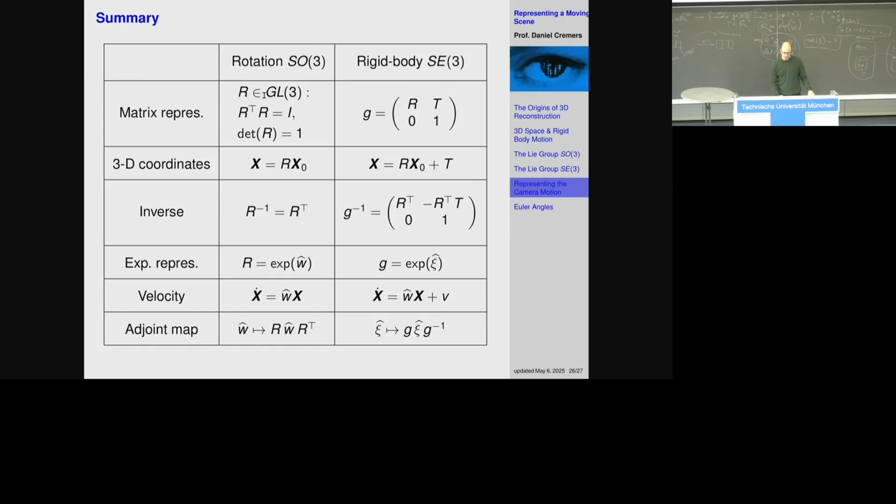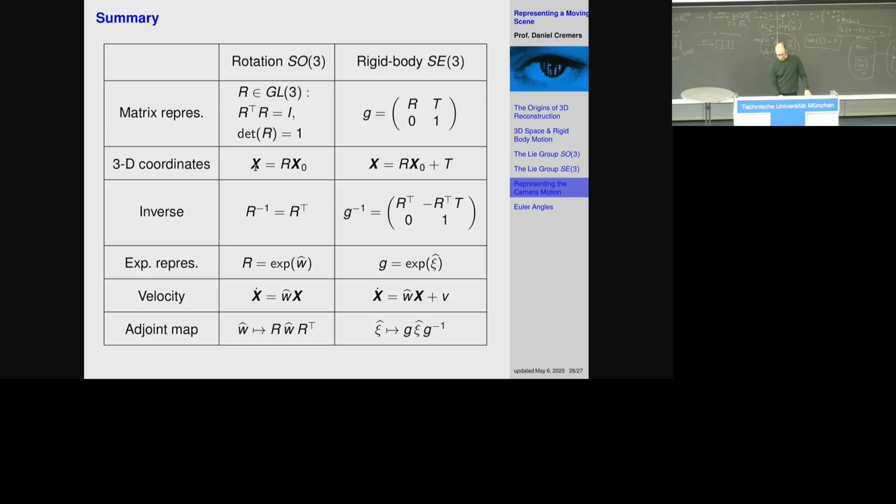In the case of rotations, you have a 3x3 matrix that is invertible, orthogonal and has determinant +1. In the case of rigid body motions, you can write it as a 4x4 matrix in this form if you want. But you can also use 3D coordinates: instead of homogeneous coordinates, you can write it as rotation plus translation of some vector x to get a new vector.